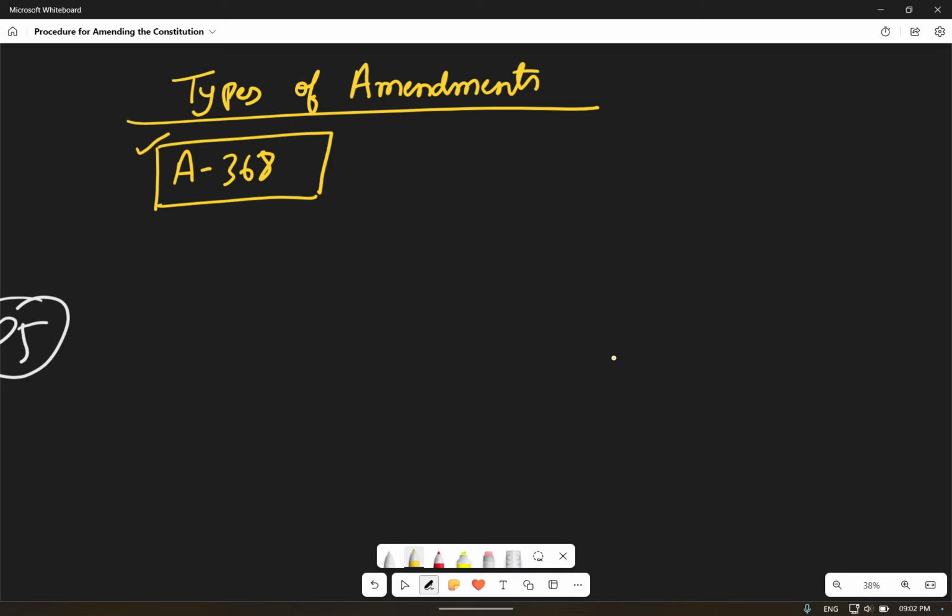So Article 368 of the Indian Constitution provides two types of amendments. What are the two types? First, a special majority of the parliament along with the ratification of the state legislatures by a simple majority is required.